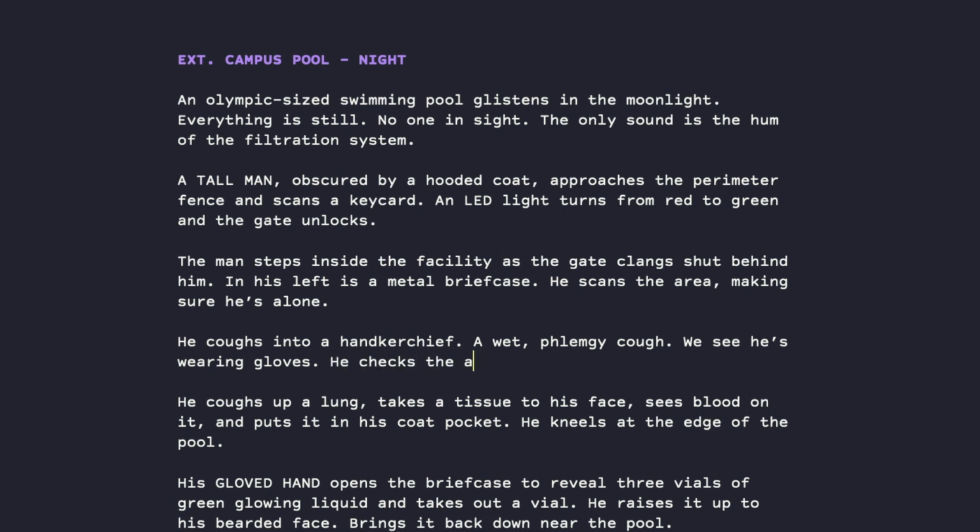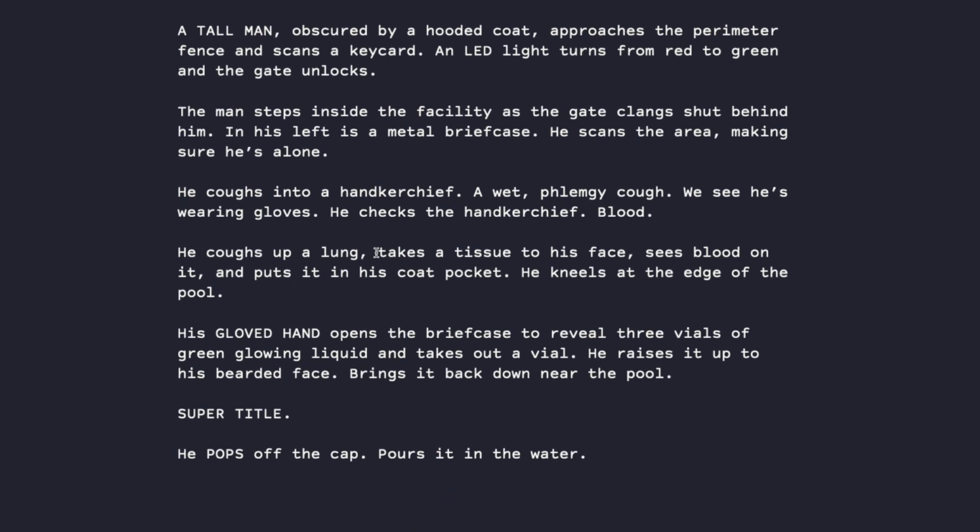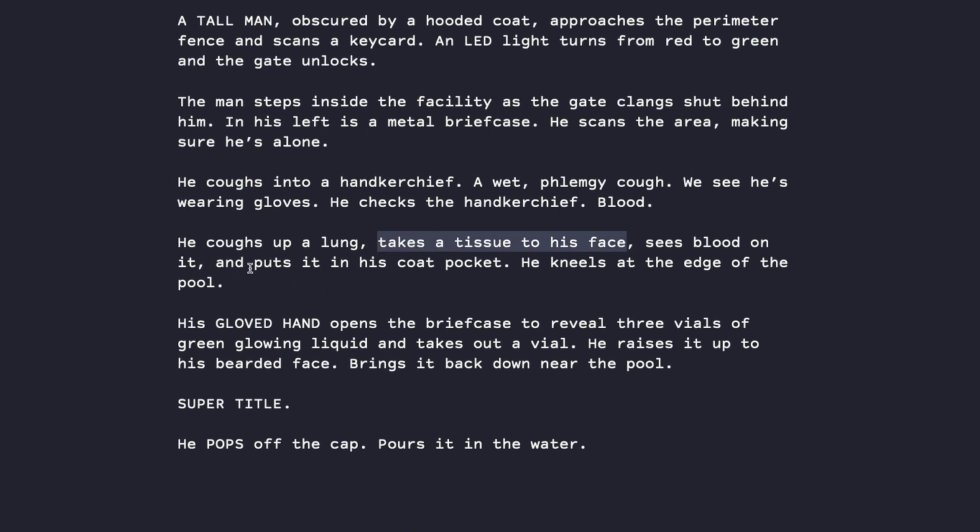He checks the handkerchief. Blood. I think there's a tendency to kind of write out every movement. I know I used to do that a lot, and I've tried to stop doing it because I think we can just rely on our audience and readers to understand the normal flow of things.